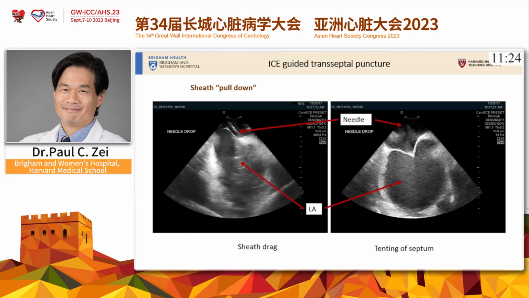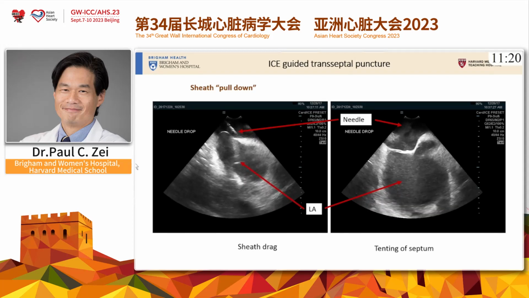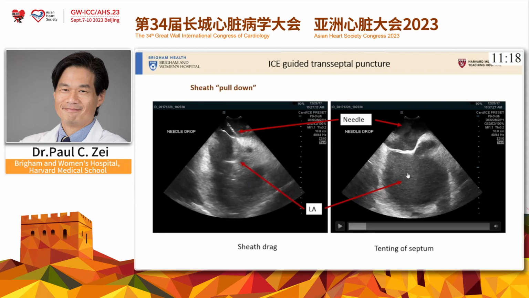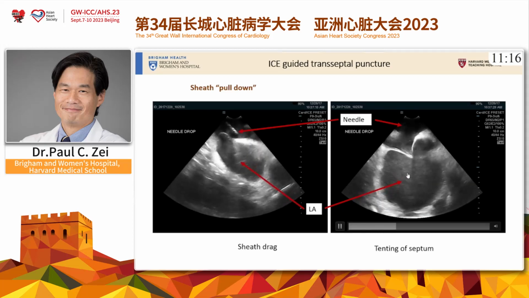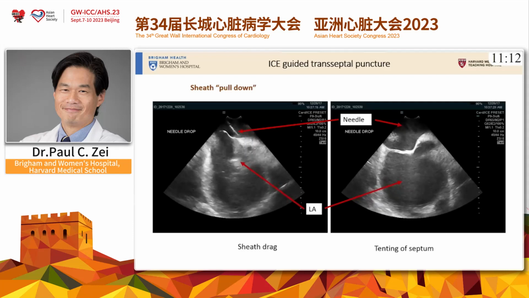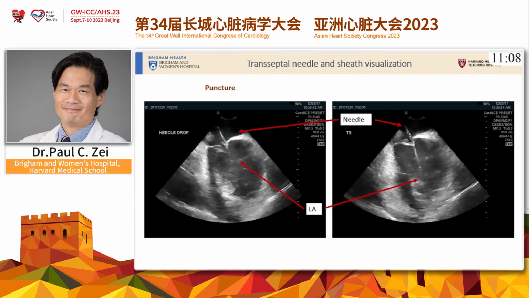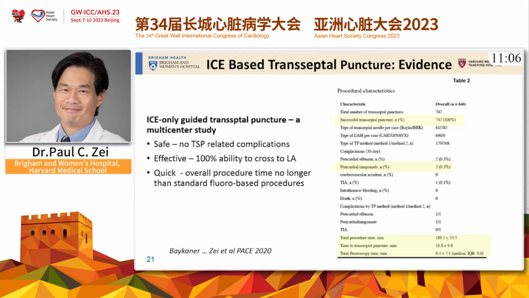Then under ICE, you can perform your whole transseptal procedure. This shows the dragging down and the tenting, and then the puncture that lets you cross. Once you cross, as shown here, you can use ICE and the mapping system to manipulate everything in the left atrium.